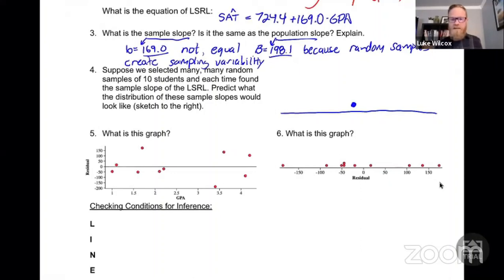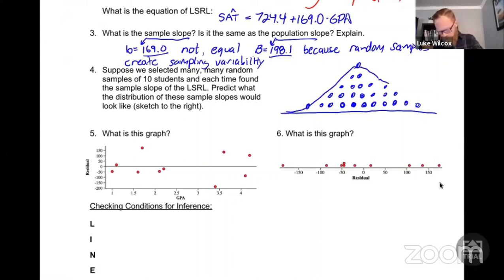But if we took another random sample of 10 students, we'd get a slightly different value, maybe a little more, maybe a little less. If you were to do this over and over again, you're going to get a pretty nice distribution of values that might look something like this. And I'm hoping right now that you're saying, oh, that looks like a normal distribution. We could draw a normal curve on top of that.